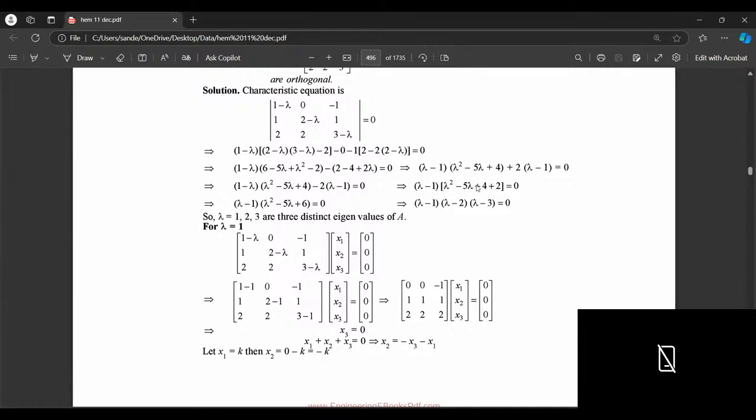The meaning is that x3 equal to 0, and x2 equal to minus x3 minus x1. x3 is 0, so x2 equal to minus x1. If we put x1 equal to k, you will get x2 equal to minus k.